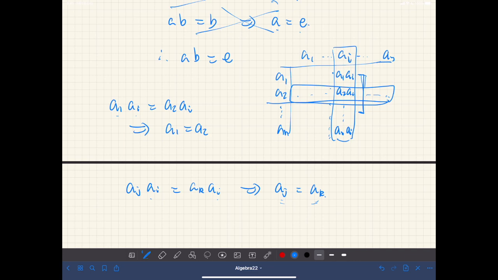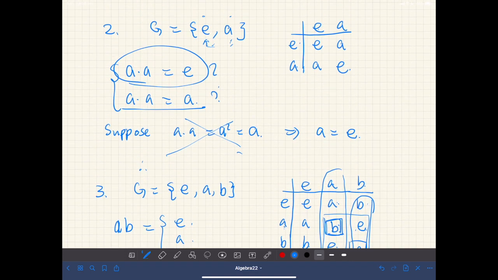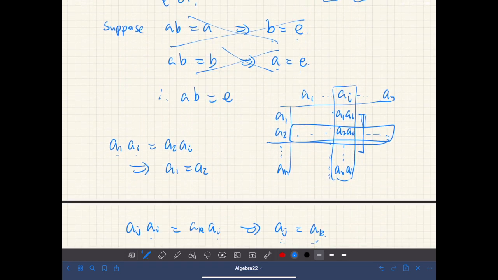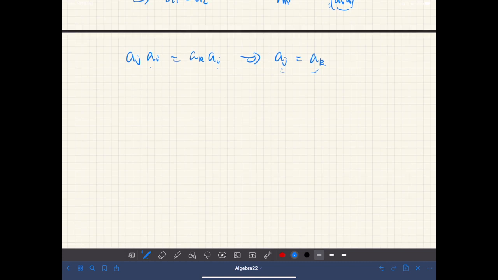So far, in all these examples, we didn't specify what these elements are. E is any identity element, and A and B are any elements, as long as they're different. It can be anything. But here is one concrete example of a group of order three. Let's say we have the set of 3 by 3 matrices.